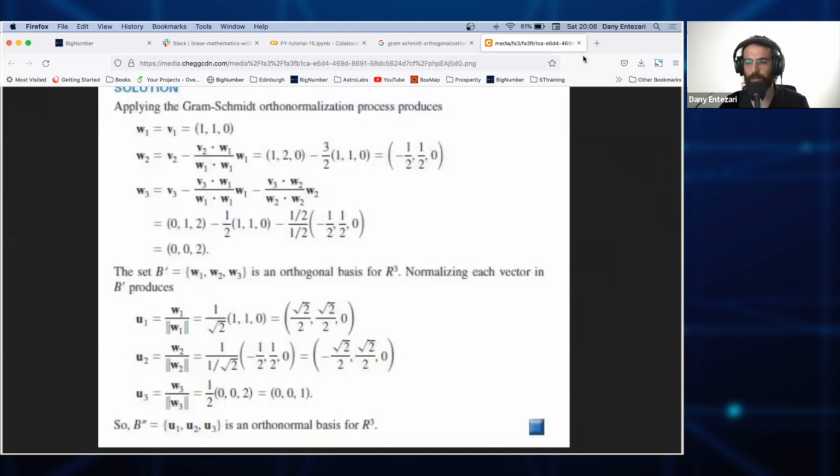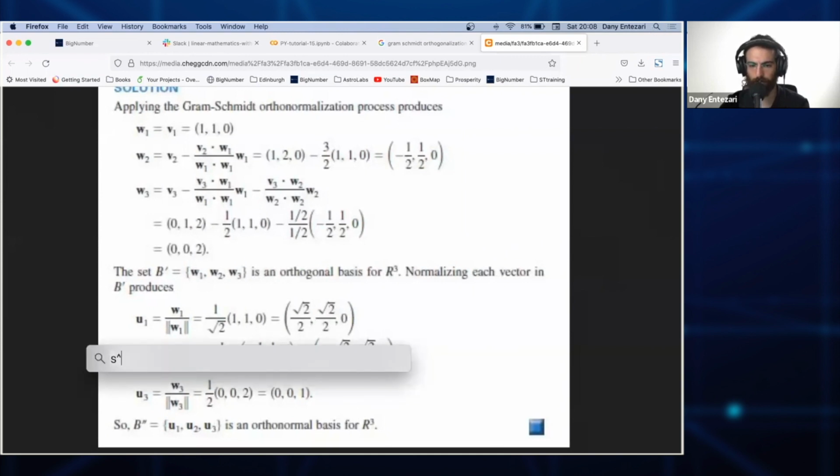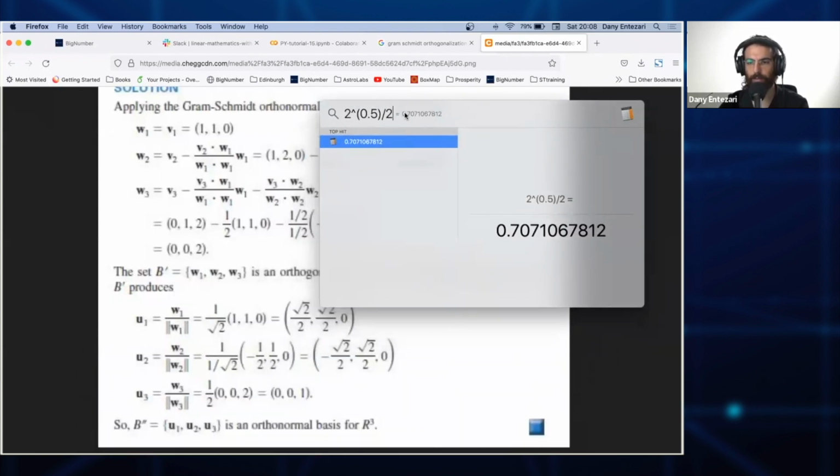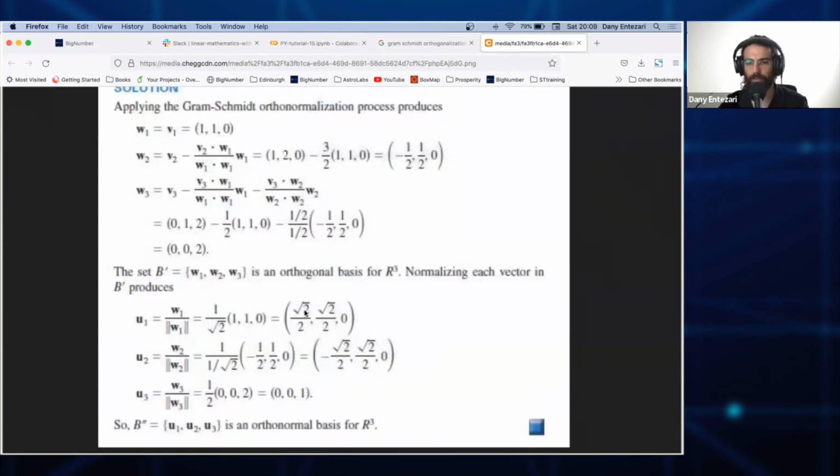If we take the square root of 2 over 2, you can see it is 0.7. What I'm trying to say is none of these components, the square root of 2 over 2, any of these components are above 1. So when we normalize a vector, none of the points in that vector exceed 1. They will be between 0 and 1.